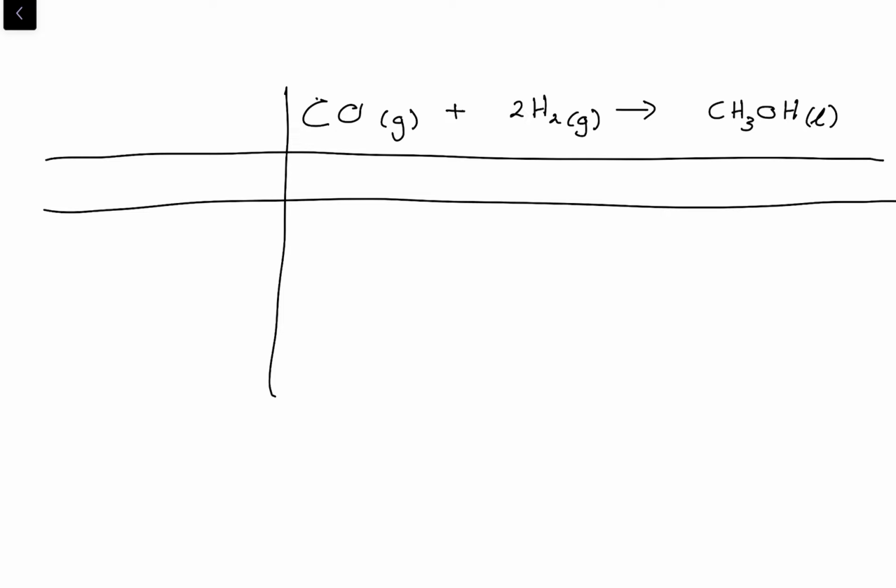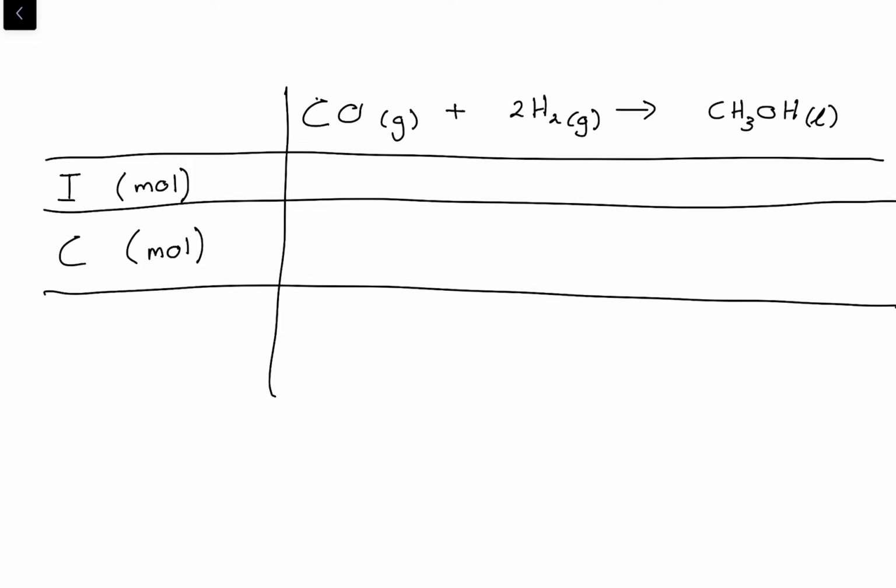And we want to look at the initial number of moles, the change in number of moles, and then, not equilibrium, but let's call it the end moles. Some of you might start to recognize this.